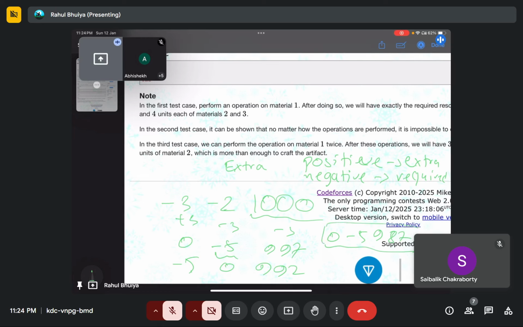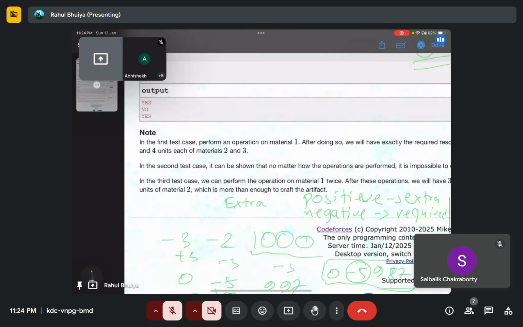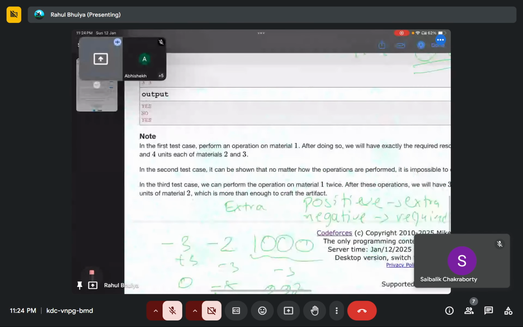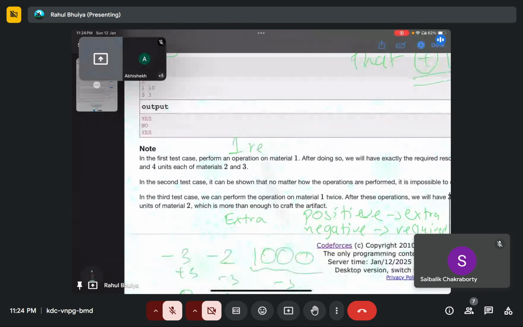So here you can see that every time I do this, if there is more than one negative number, then something will again be negative, and negative, negative will be in this manner. So you can understand that there should be only one required, and all others should be extra.